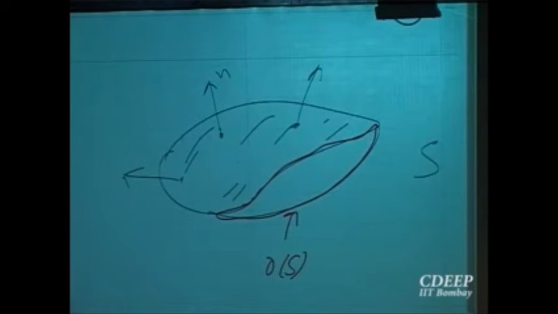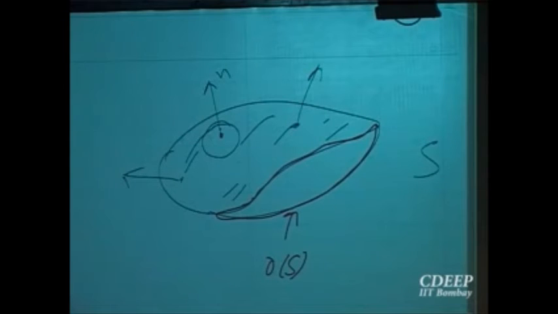At any point, this is the normal. So let me take a small closed curve around that point on the surface. Take a simple closed curve on the surface around that point where you have fixed the normal. So for this simple closed curve, I can decide an orientation. Let me imagine I am sitting at the top of this unit normal and looking down at the surface.